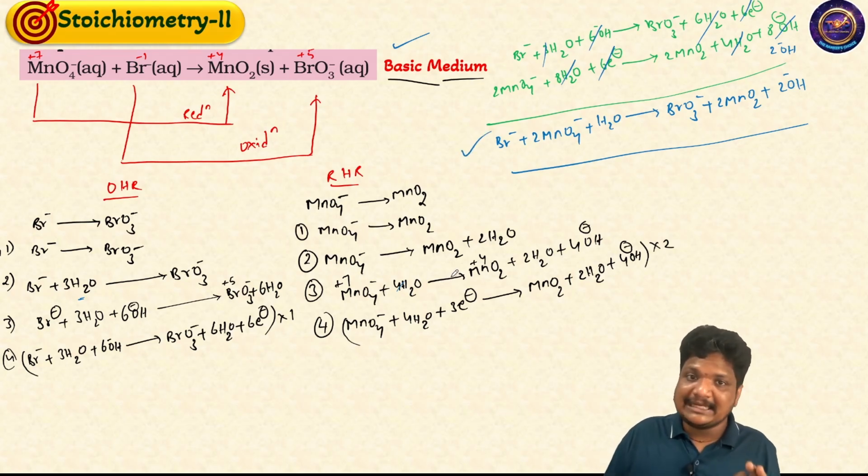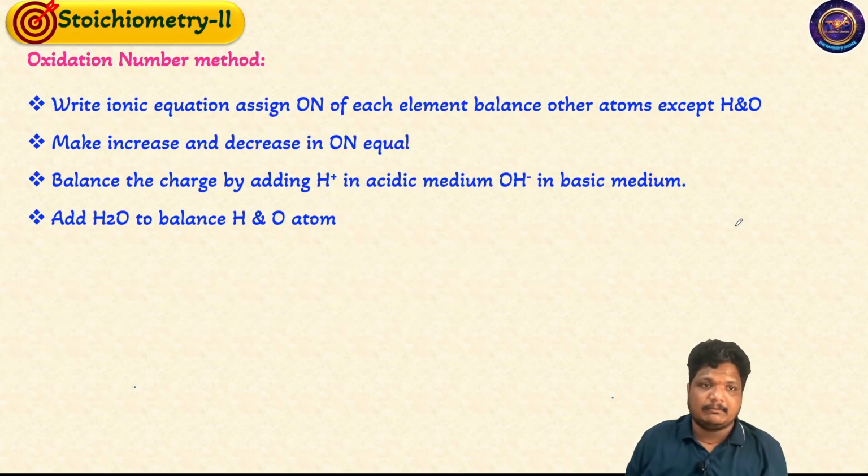So this is about the half reaction method, or ion electron method. Is it clear? Let us see the oxidation number method. In this method we have 4 steps. In the first step, write the ionic equation, assign the oxidation number of each element, and balance other atoms except hydrogen and oxygen.